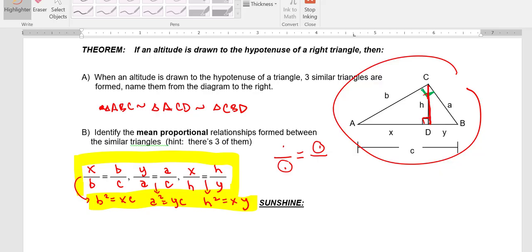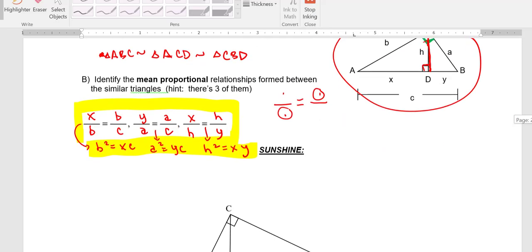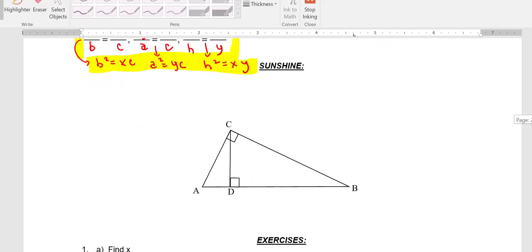And what I've done with sunshine, actually, sunshine is something I learned, true story. I learned from a student who moved into my class maybe, I don't know, 10, 12 years ago, and she had this little trick to remembering these relationships, and the little trick she learned from a tutor.